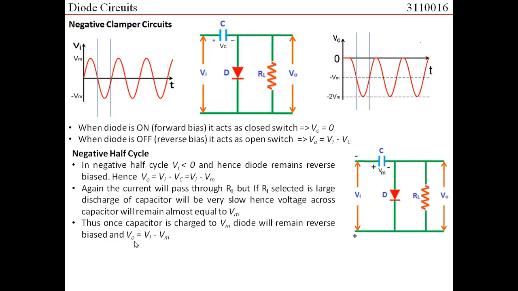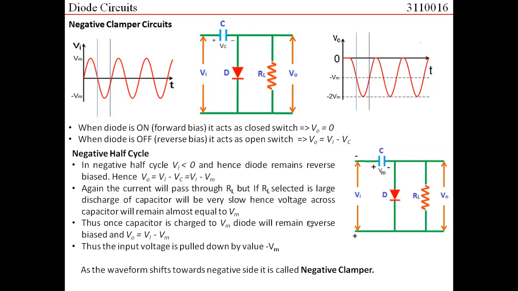So now you can understand that in the output you get the input voltage shifted by a constant value minus Vm. Thus, the input voltage is pulled down by the value of minus Vm. As the waveform shifts towards the negative side, we call this a negative clamper. I'm sure you would have understood this basic operation of a negative clamper.